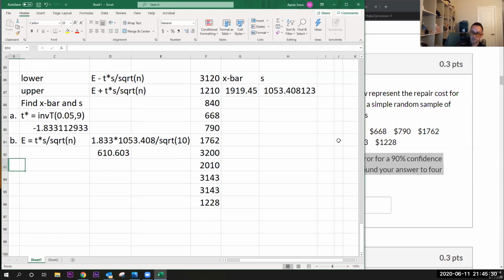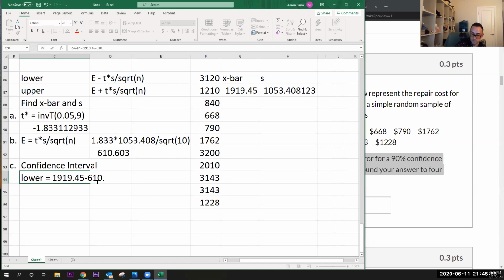So for part C, it's probably saying find the confidence interval. So let's say lower. All I would do is say equals X bar 19.45 minus margin of error 610.60. That's how I would get the lower. For the upper, same thing, just add, right?